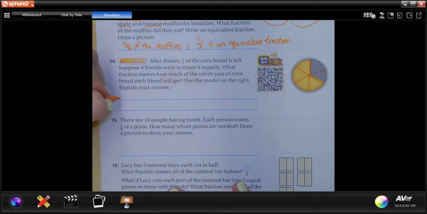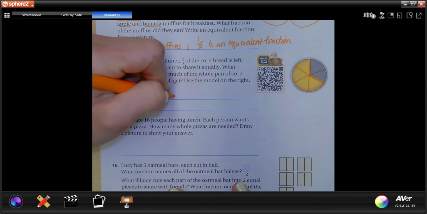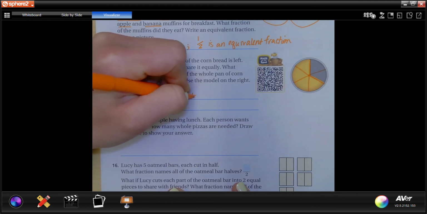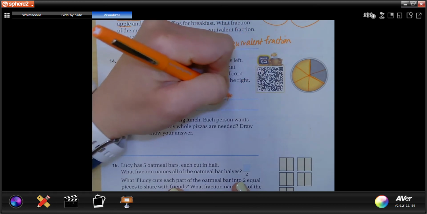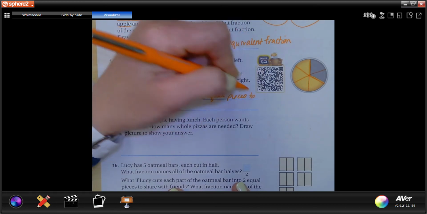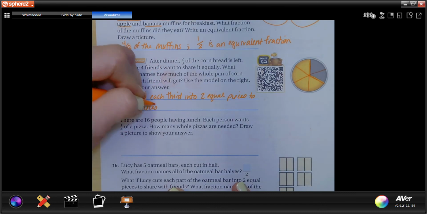So we divided each third into 2 equal pieces to get how many? 1, 2, 3, 4, just like we needed for 4 friends, to get 4 pieces in all.